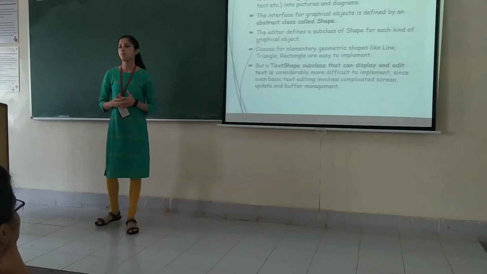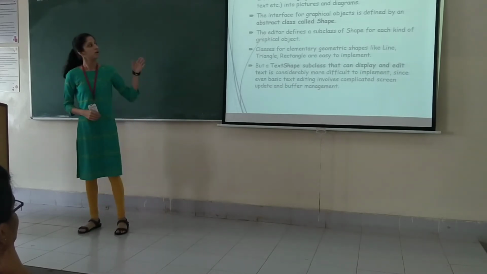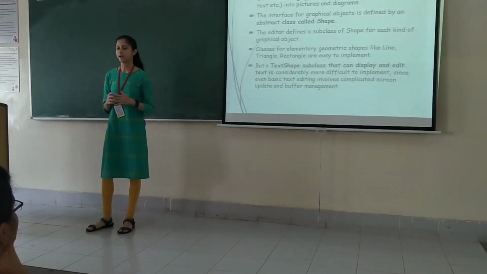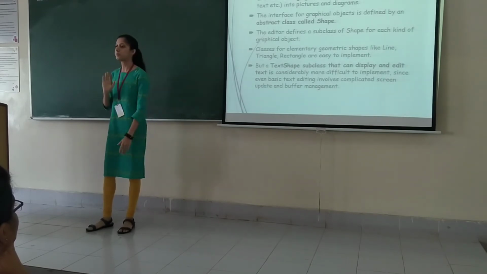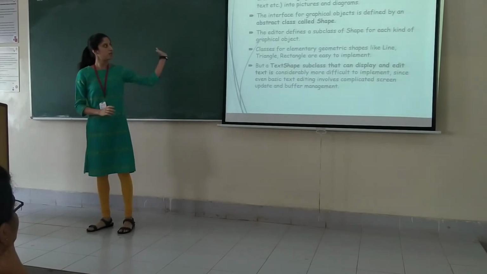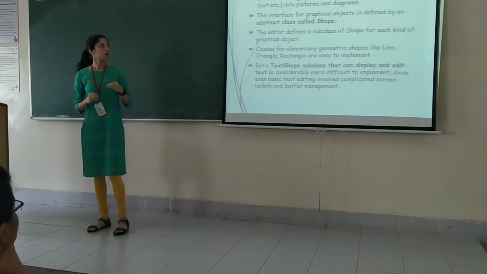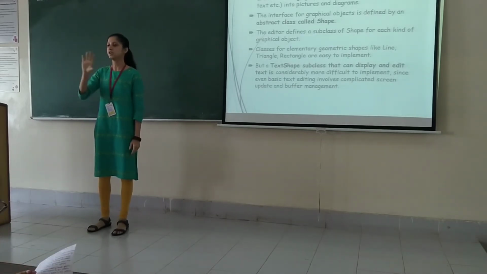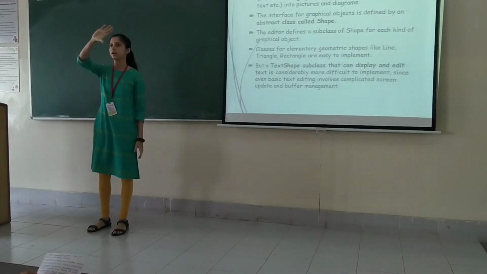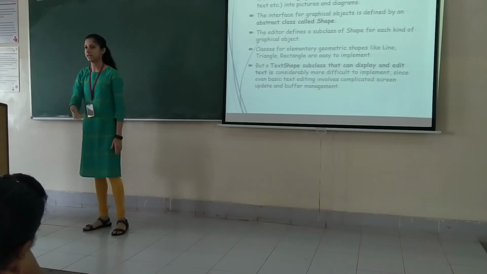The main problem is that there are some graphical elements like lines, polygons, text, etc. These polygons and lines should be formed in such a way that they look like a diagram or a picture. All that is contained in the abstract class, that is shape. Now we can easily arrange the polygons or lines into shapes. I will put one triangle here, one triangle here, one rectangle here. I have formed one picture easily.